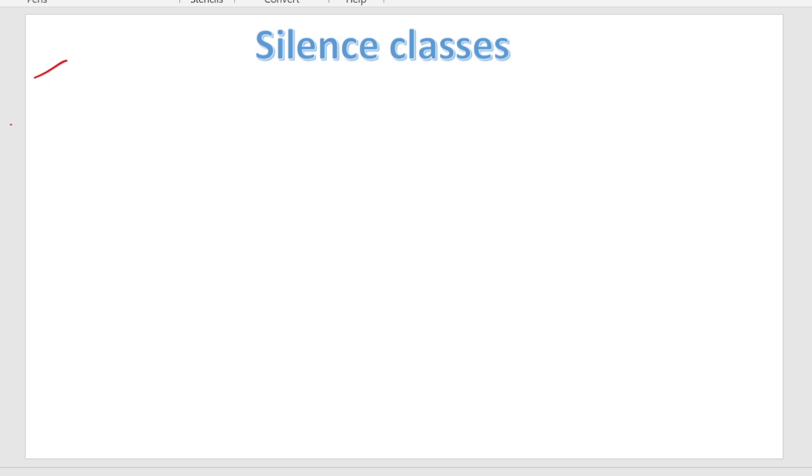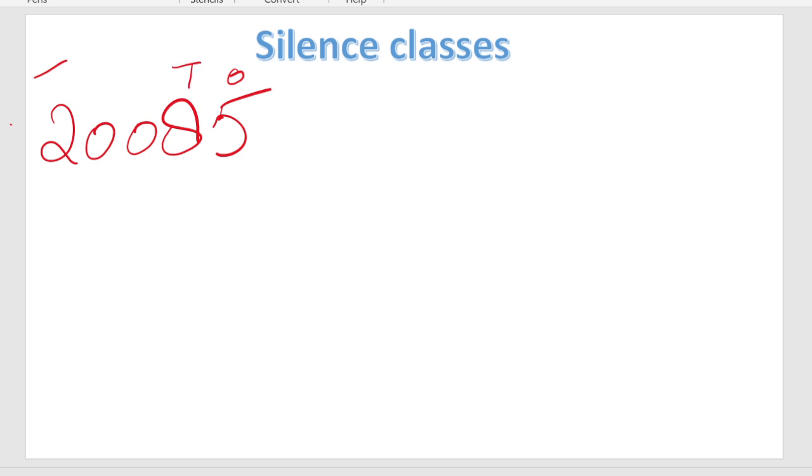Now 20085, the number given to us is 20085. Now again, we don't have to make the chart, we only have to write down the place values. 5 is in the ones place, then tens, hundreds, thousands and 10,000. I hope you guys have learned how to place the place values above the given number.